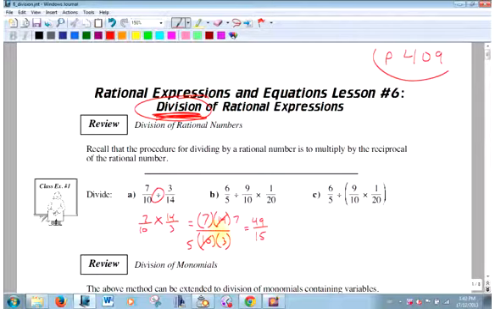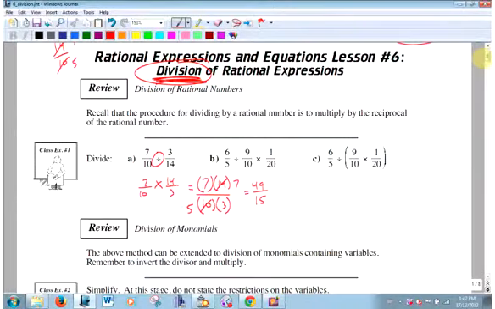Well, what's common between 14 and 10? 2. Goes in there 5 times, goes in there 7 times. Okay. All right. What if 14 for the 7 was? Can you still reduce it? Yes. Okay. So.